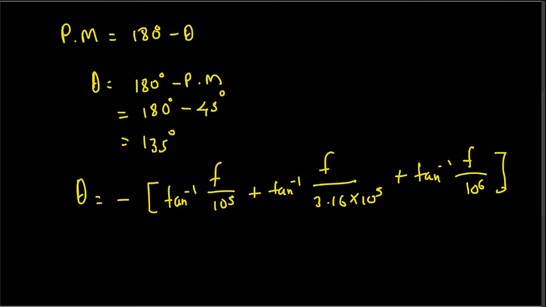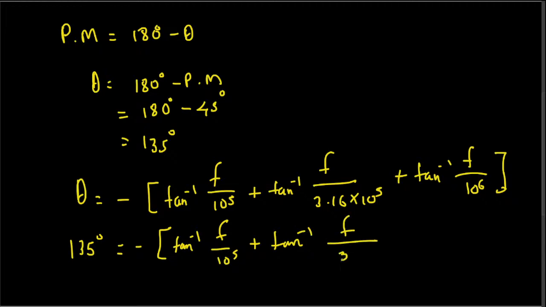And we know theta is 135 degrees. So 135 degrees is equal to negative tan inverse f over 10 to the power of 5 plus tan inverse f over 3.16 times 10 to the power of 5 plus tan inverse f over 10 to the power of 6. Okay, so this is what we get.